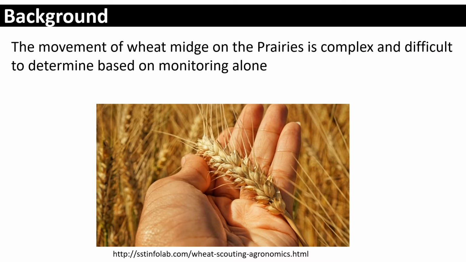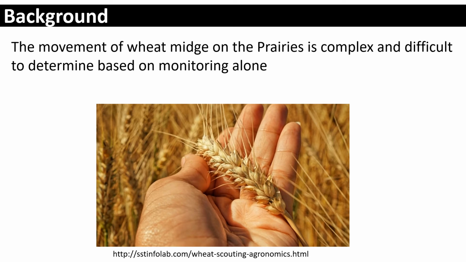However, understanding the movements of the wheat midge is difficult, as several different processes may influence their movement. For example, their movements are short range and stepwise, but they are also wind mediated.